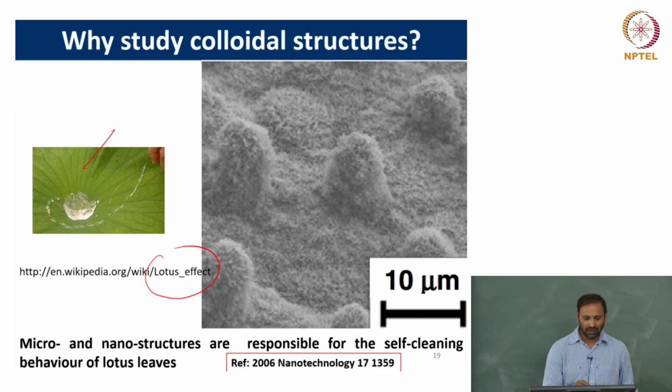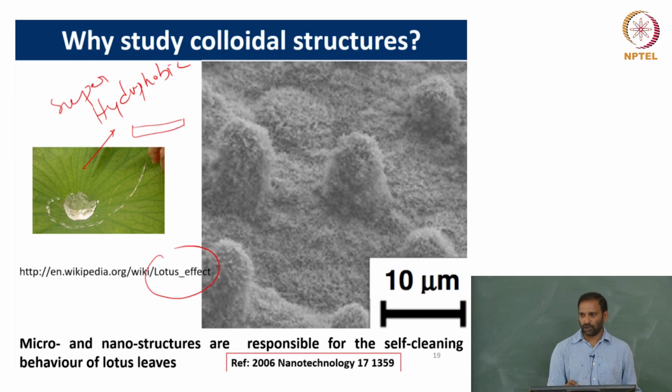comes because of what is called a super hydrophobic nature of the material. That means if I put a water drop on any surface, it can take a shape like that, or it can completely spread like a thin film, or the droplet may form something like this.